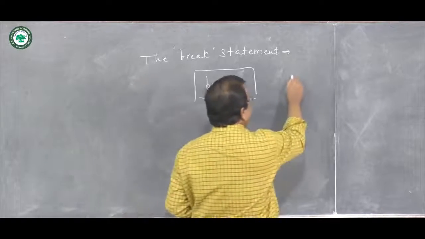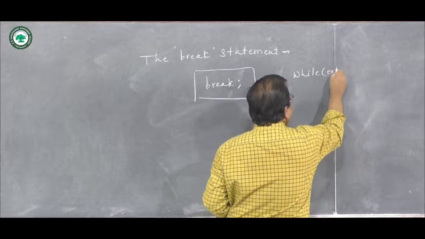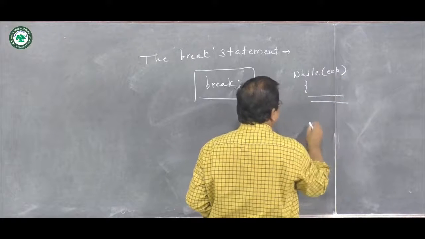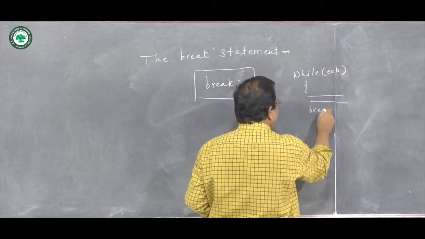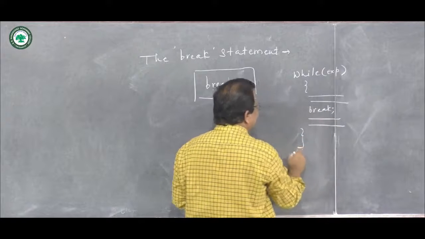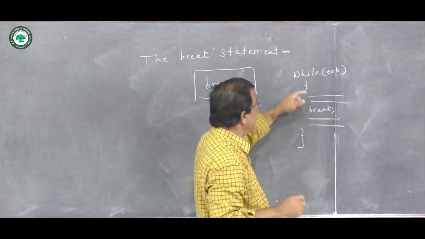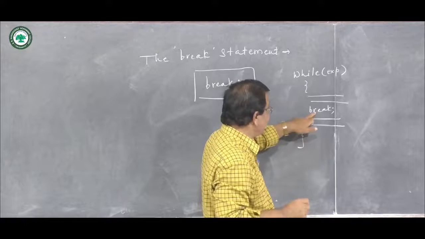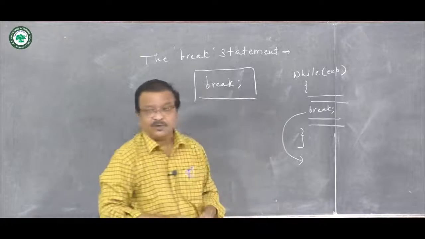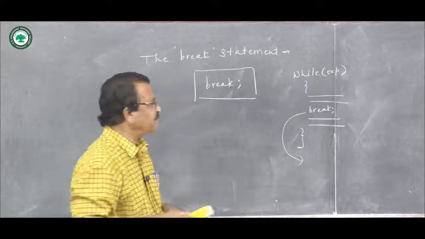Here is an example, like while expression, this is the relational expression or test condition, few C statements are there, and then break, again few C statements are there. So when this loop is executed, even in the first pass, when this break is encountered, the control will directly jump out of the loop and the loop will get terminated in the first pass itself.